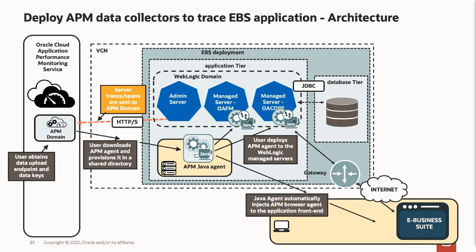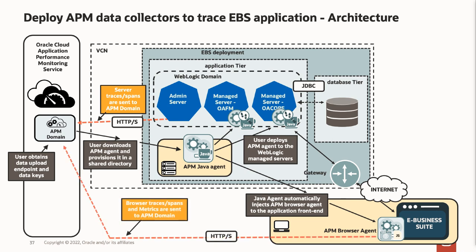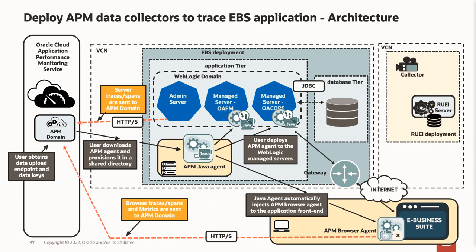And in the Java agent configuration file, you must enable the browser injection settings. This will automatically configure the APM browser agent in the application's front end. This will take effect within a minute or two. The browser-side traces and spans will be sent to the APM domain. Lastly, you will need to set up RUI to capture forms traces.